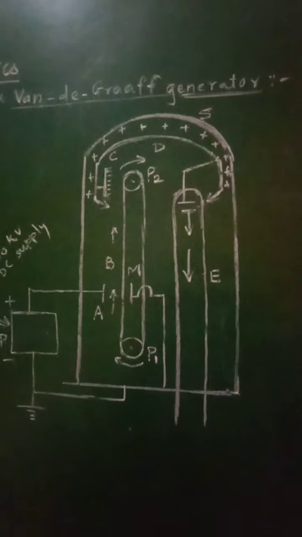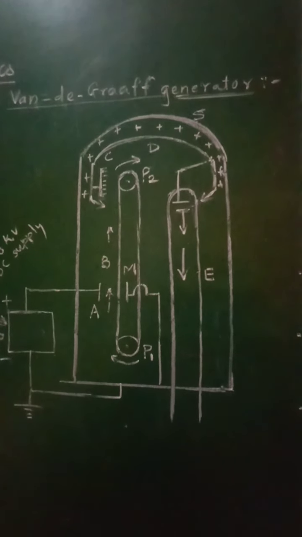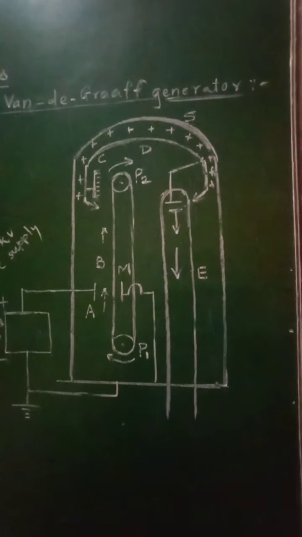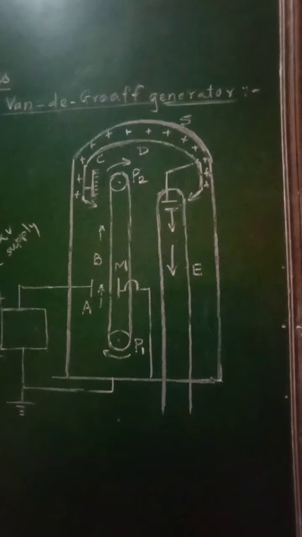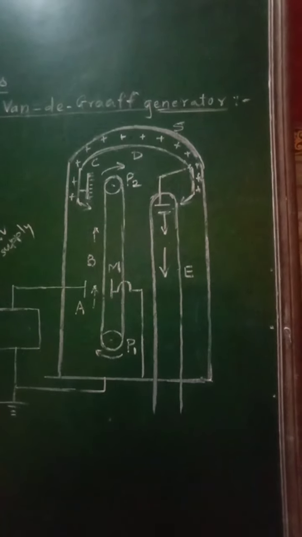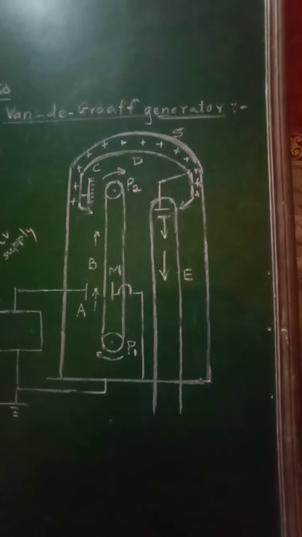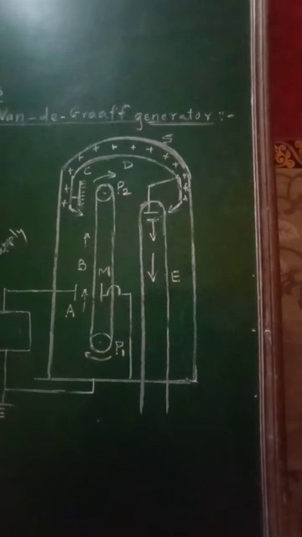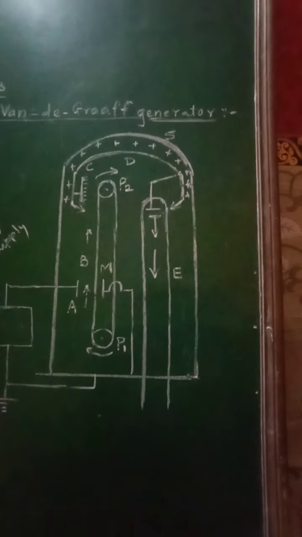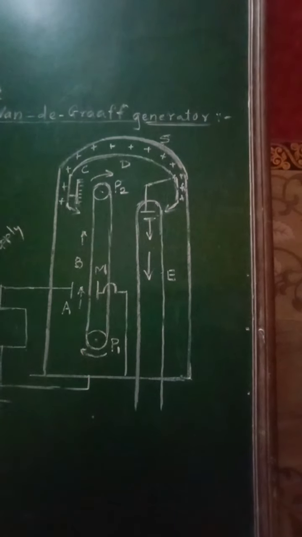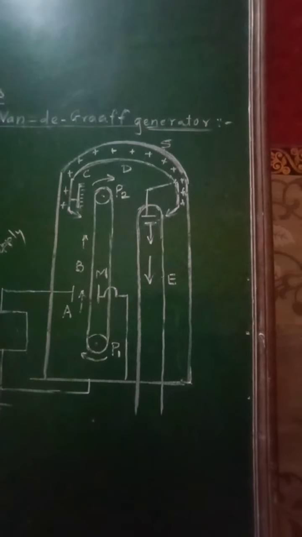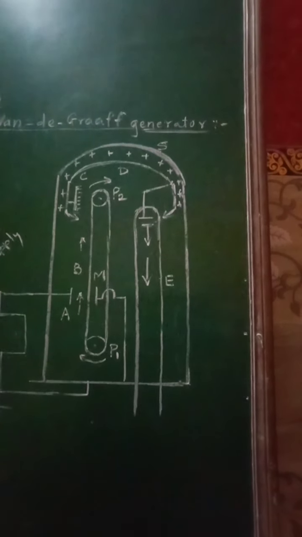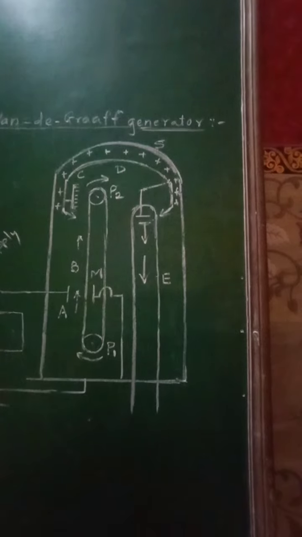Its potential rises to a very high value due to the continuous accumulation of charges on it. Then the potential of the electrode I also rises to a high value. The positive ions such as protons or deuterons are introduced in the upper part of the evacuated accelerating tube, and they are accelerated in the downward direction.